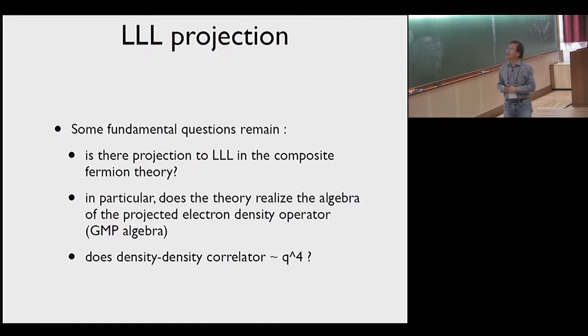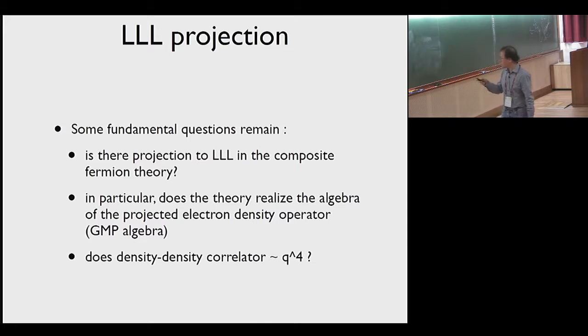And in particular, does this theory realize the algebra of the projected electron density that is known to form a closed algebra called the Girvin-MacDonald-Platzman algebra? Another related question is whether the density-density correlator in the theory, where density here is the density of the electron, is proportional to q to the fourth.